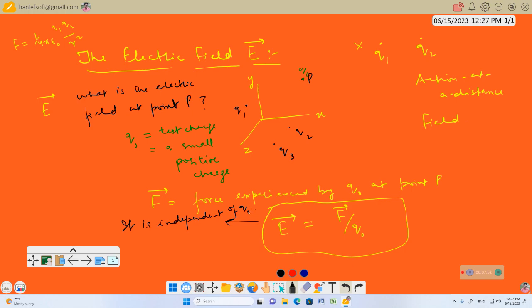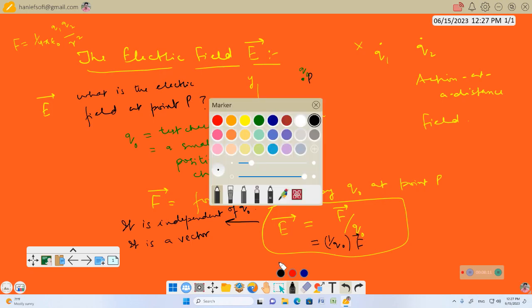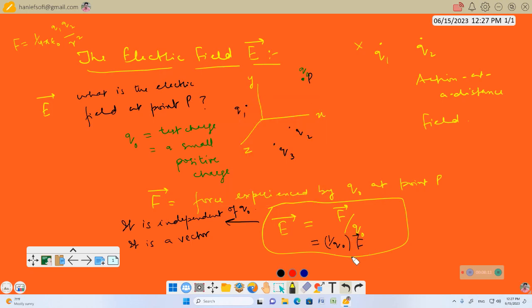Second thing, it is a vector. How? You can write this as 1 by Q naught times F. So 1 by Q naught is a scalar. In fact, it is a positive scalar.